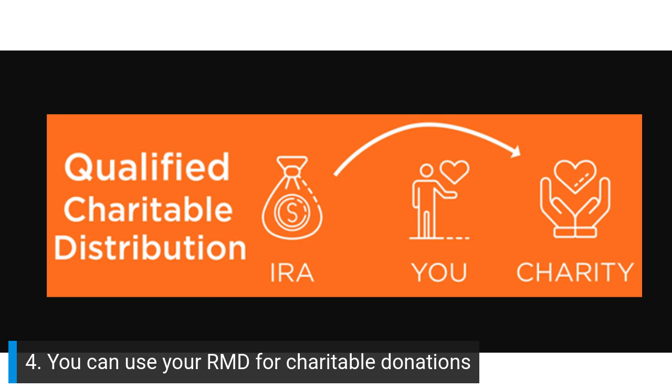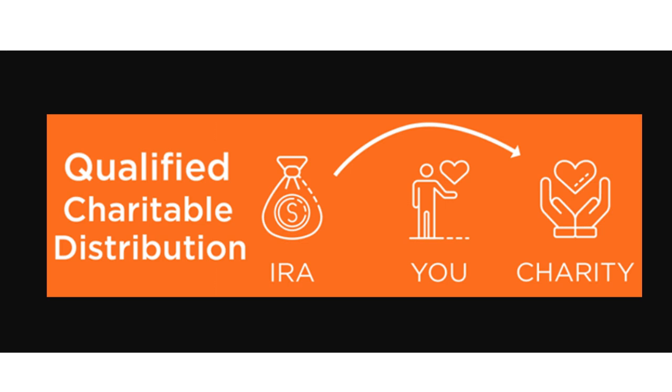If we do a qualified charitable distribution, where the money goes directly from your IRA to a qualified charity after you're age 70 and a half, the IRS does not count that towards your taxable income. So taking it directly from the IRA over to a qualified charity, not your kids or grandkids, it's removed from your taxable income on your 1040.